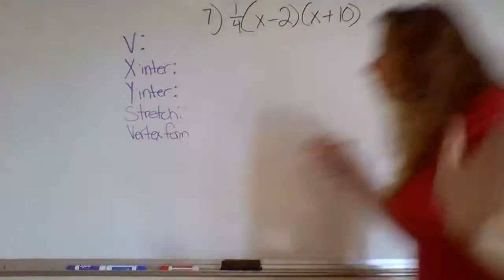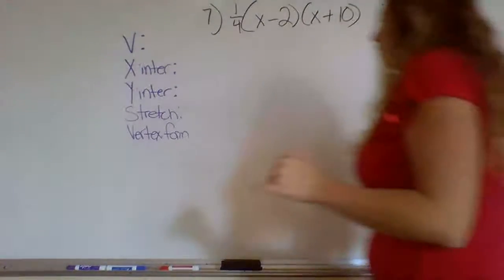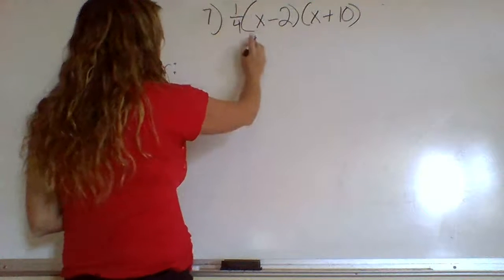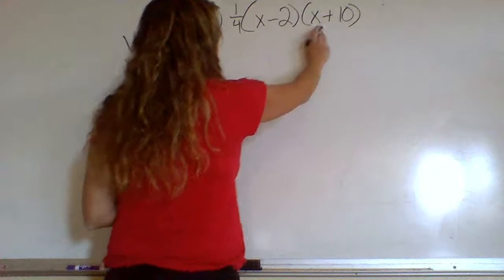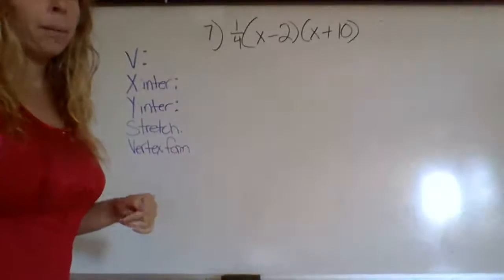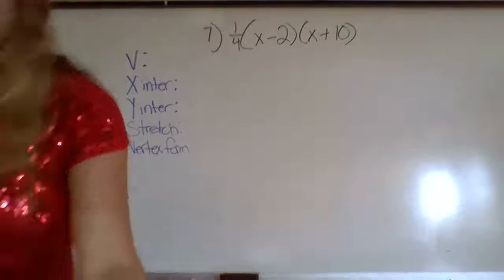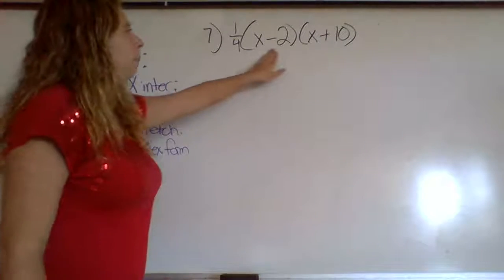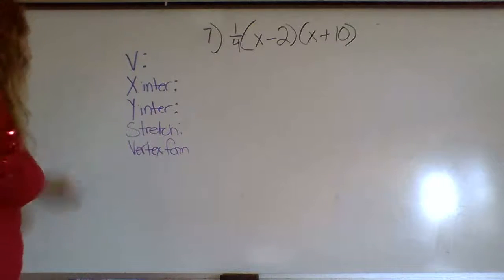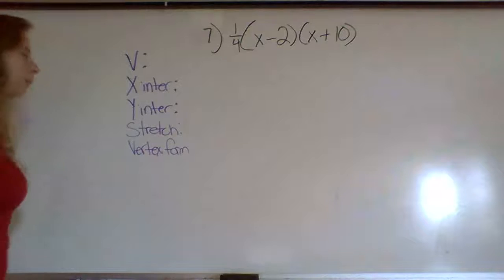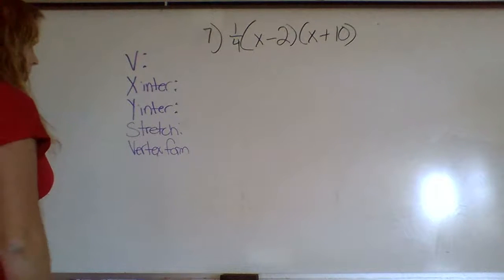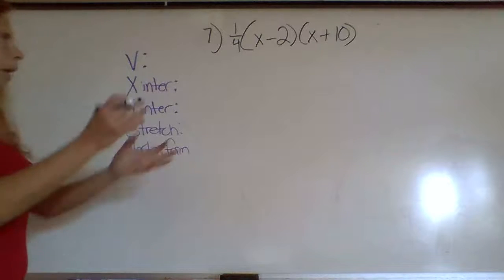Number 7. All right. Here's number 7: 1/4 times quantity x minus 2 times x plus 10. So this is in factored form. We have to find these things. You can pull your x-intercepts out.